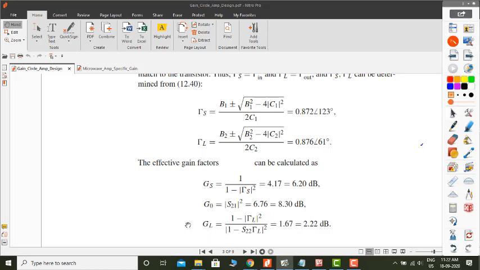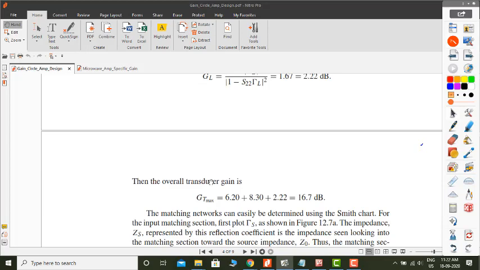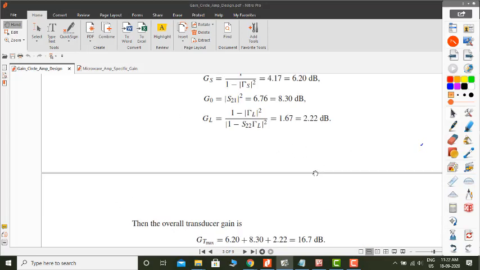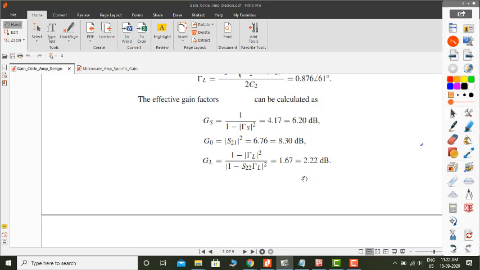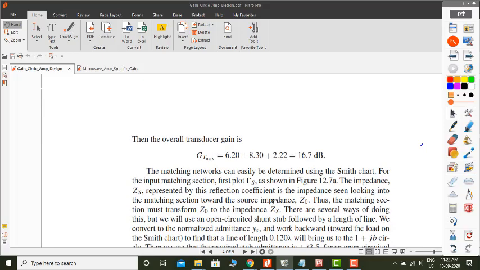And GL is the transducer gain when the load side is complex conjugately matched. By using this formula, we can compute the GL value as 1.67, which comes to 2.22 dB. Once we compute each section's gain, the total maximum transducer gain is the summation of these three gain values. So the maximum gain that can be obtained from the amplifier system is 16.7 dB.